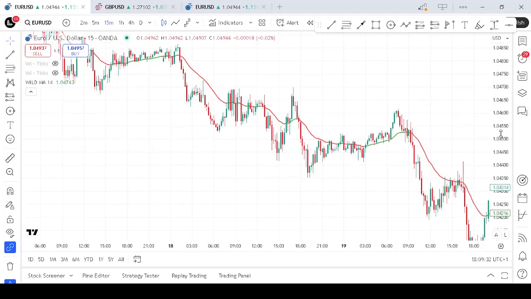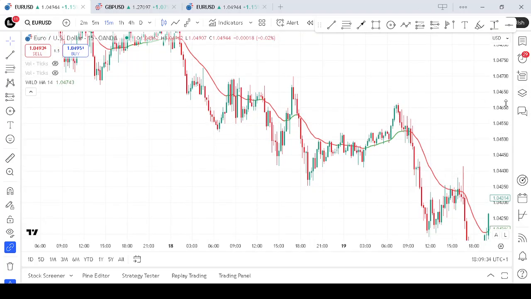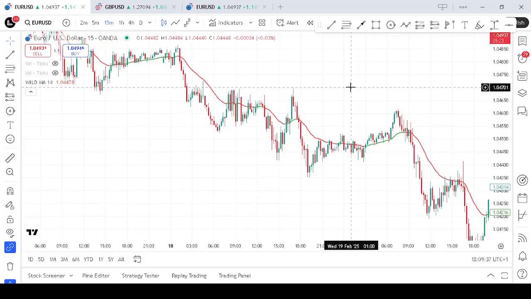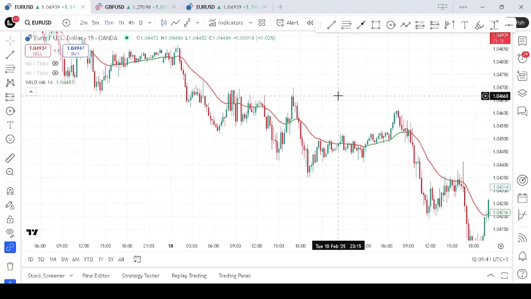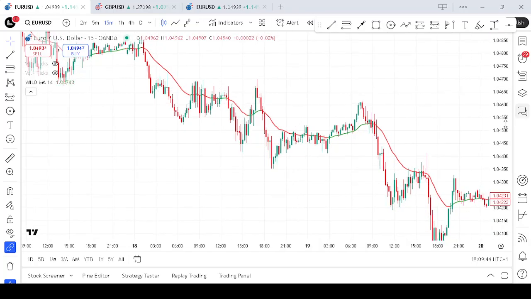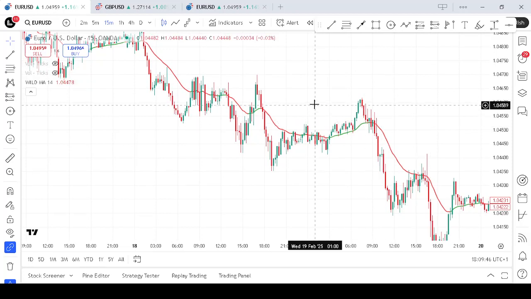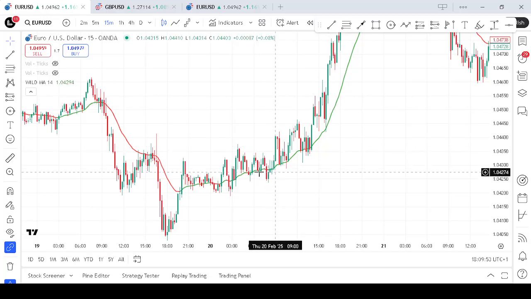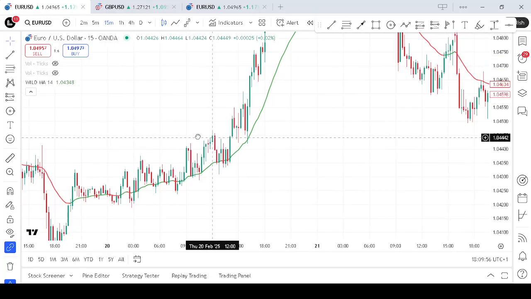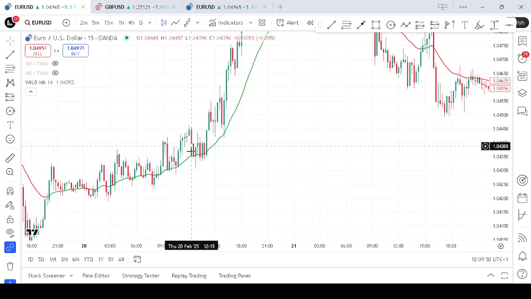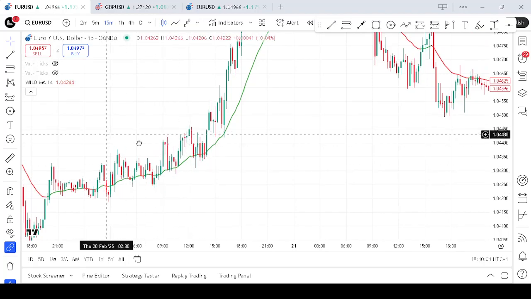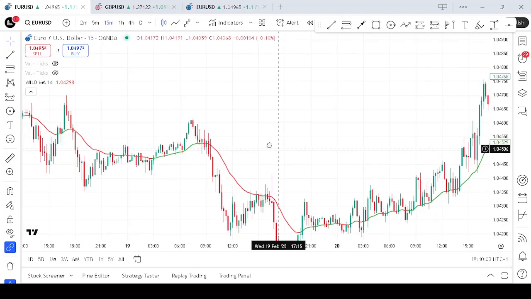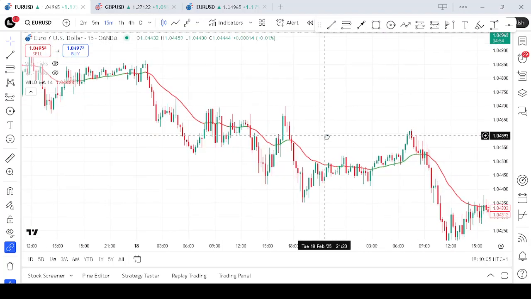Now we can also use this moving average as a dynamic support and resistance area. Another valuable application of the Wilder Moving Average is its role as a dynamic support and resistance level. In an uptrend, it often acts as a support, as we can see on the screen, while in a downtrend, it often serves as a resistance.